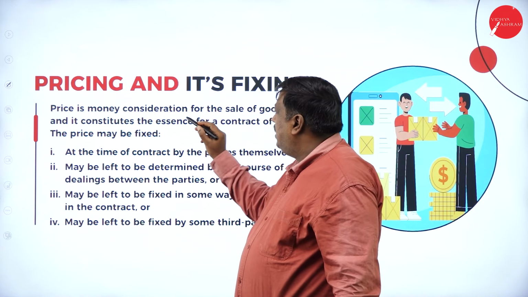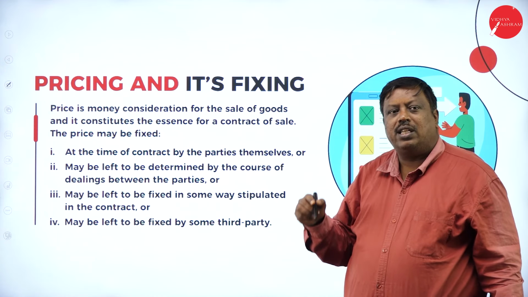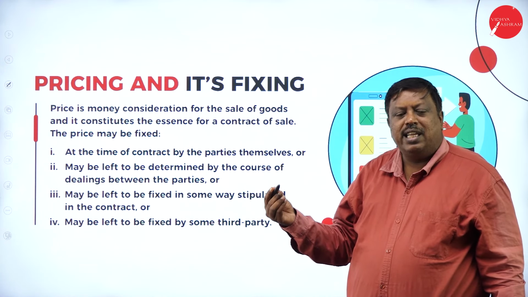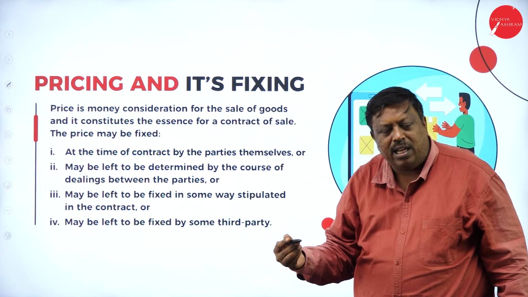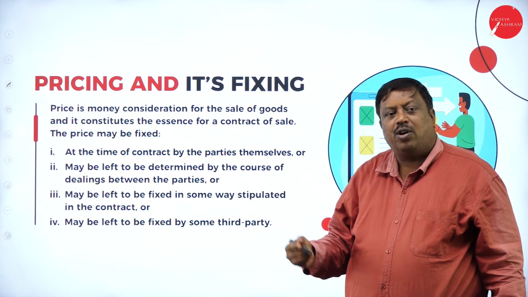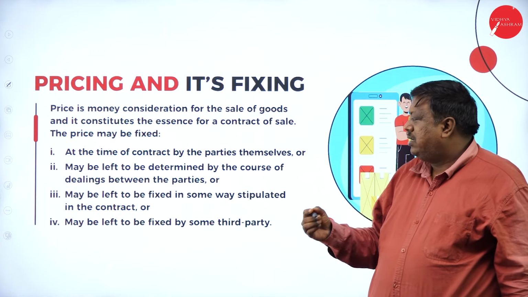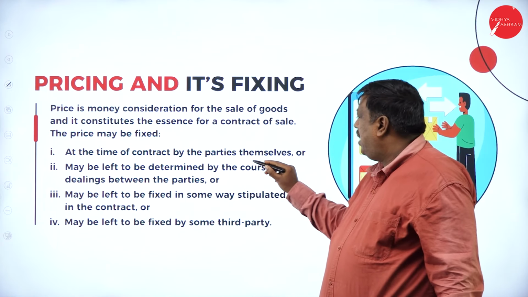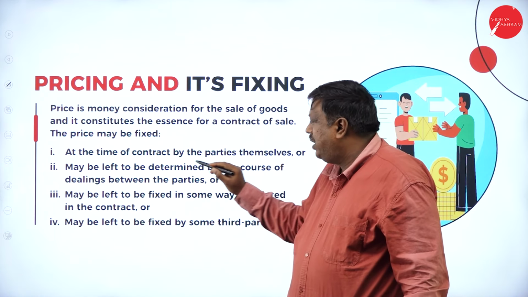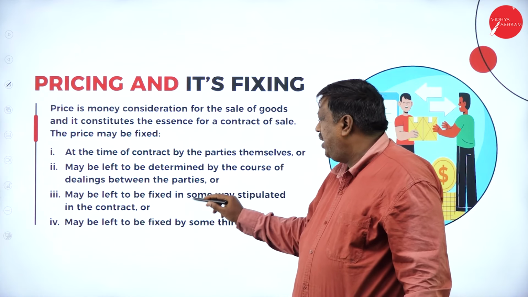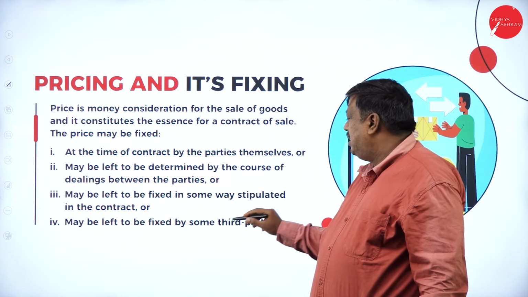Pricing. Price is a money consideration for the sale of goods. The price has to be received for the products or goods we are transferring with the rights to the buyer. The buyer's duty is to pay the price for the product or commodity he has purchased from us. At the time of contract, the price may be fixed by the parties themselves, or left to be determined by the course of dealings between the parties, or fixed in some way stipulated in the contract, or left to be fixed by some third party.